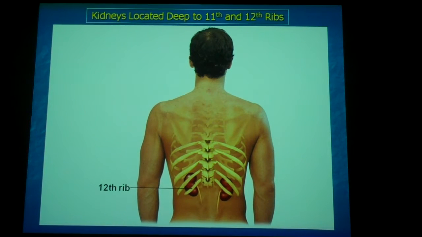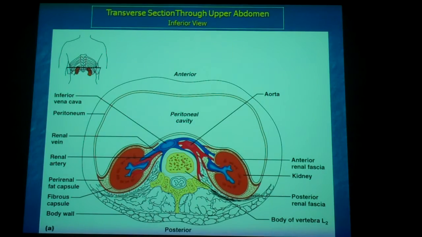All right, we know that the kidneys are posterior, and they lie under ribs 11 and 12, and that they are retroperitoneal. So peritoneal cavity here, and so this is parietal peritoneum here, and the kidneys are behind that, so they are retroperitoneal. They have a thin capsule.